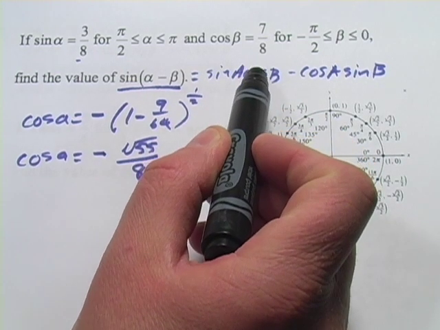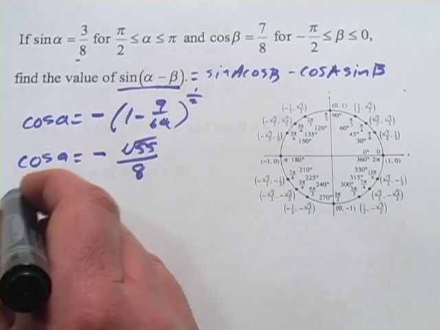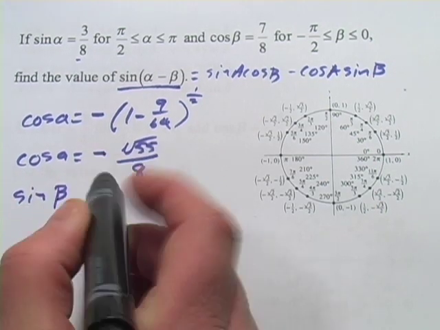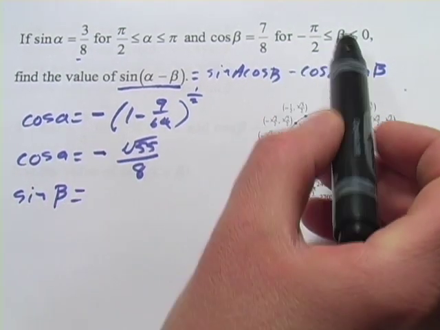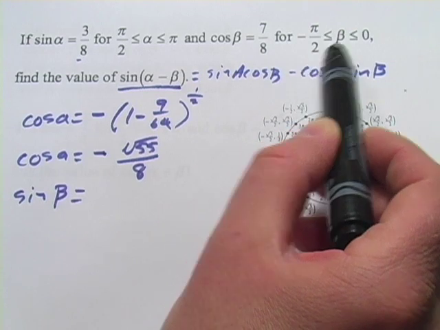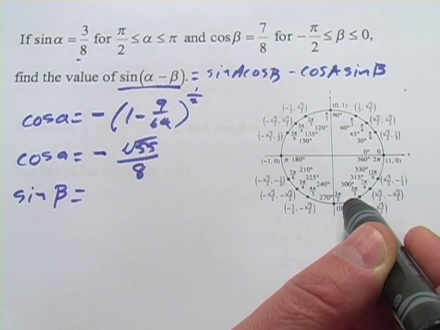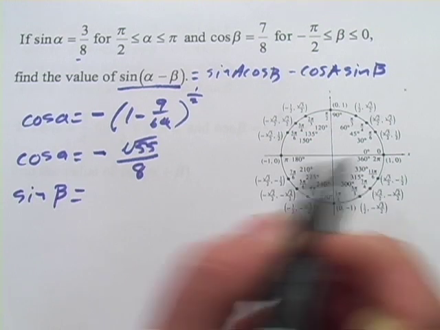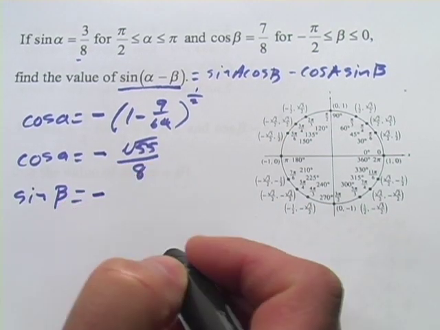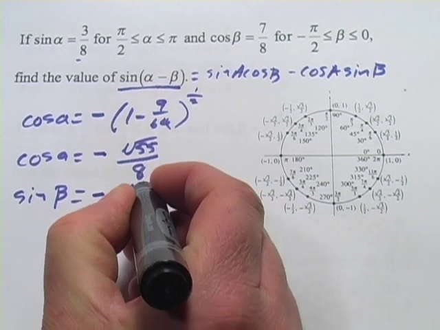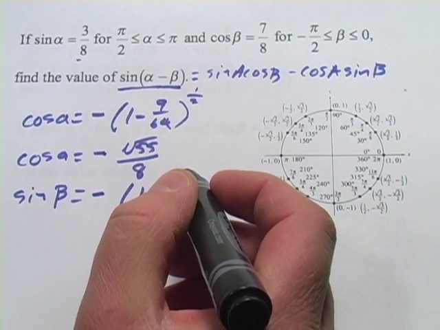The cosine of beta is 7/8, so the sine of beta is going to be, well, let's see, is it going to be positive or negative? So it's between negative pi over 2 and 0, so that would be down here. And the sine is going to be negative there, so that's another negative. And we're going to have 1 minus this thing squared, and then take the square root of it.